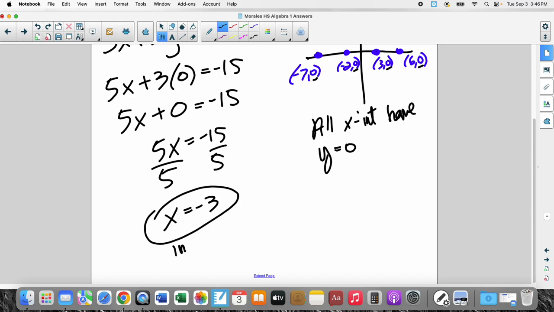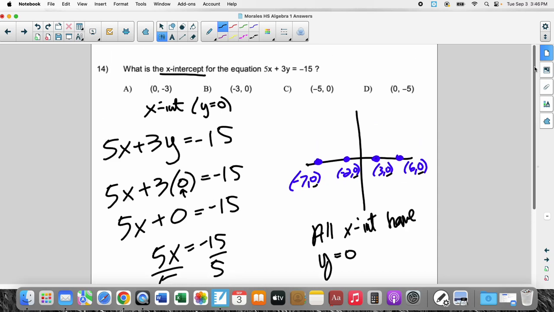So my x value is negative 3 when I plugged in 0 for y. So if I was going to write that as a coordinate, I would write it as negative 3, 0.